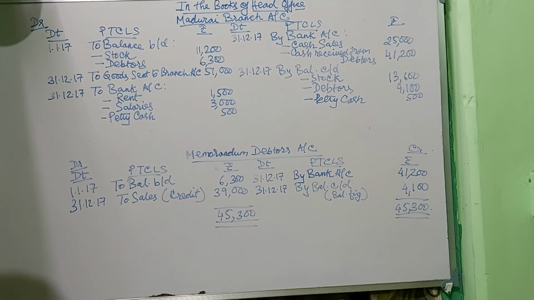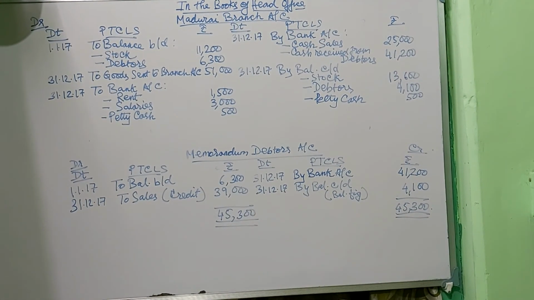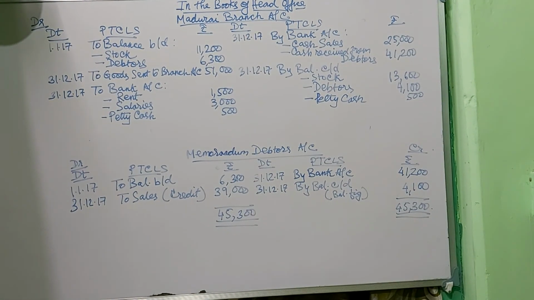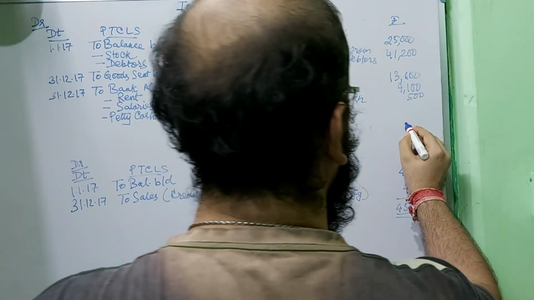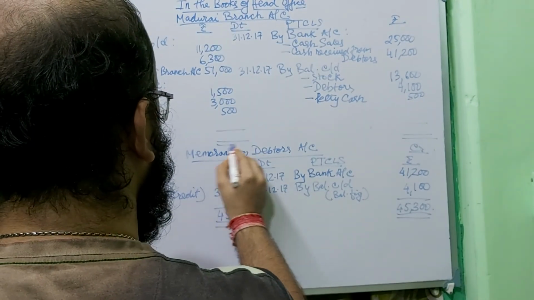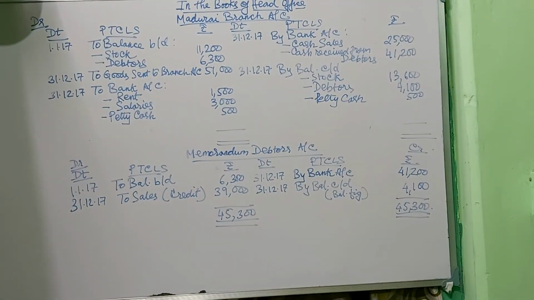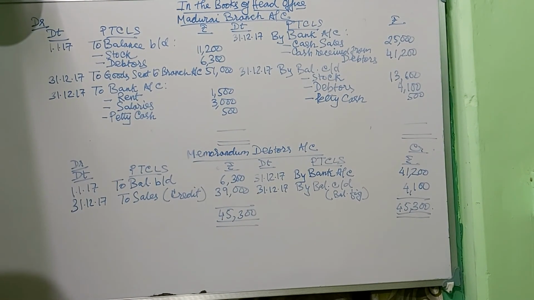Now you can calculate if there is any profit. If there is a profit, it should be transferred to the general profit and loss account, which means the net profit of the branch is transferred. So first calculate the credit side: 25,000 plus 41,200 plus 13,600 plus 4,100 plus 500.